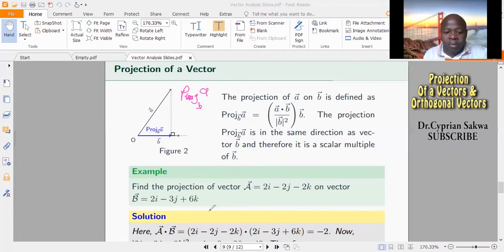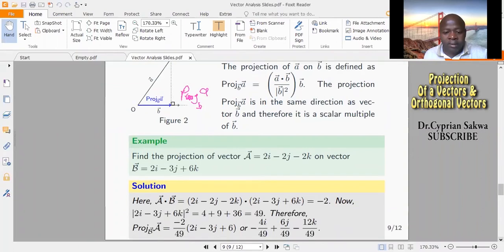We can also find the projection of vector B on A, and so we just change the formula. And of course, we understand what the formula says.